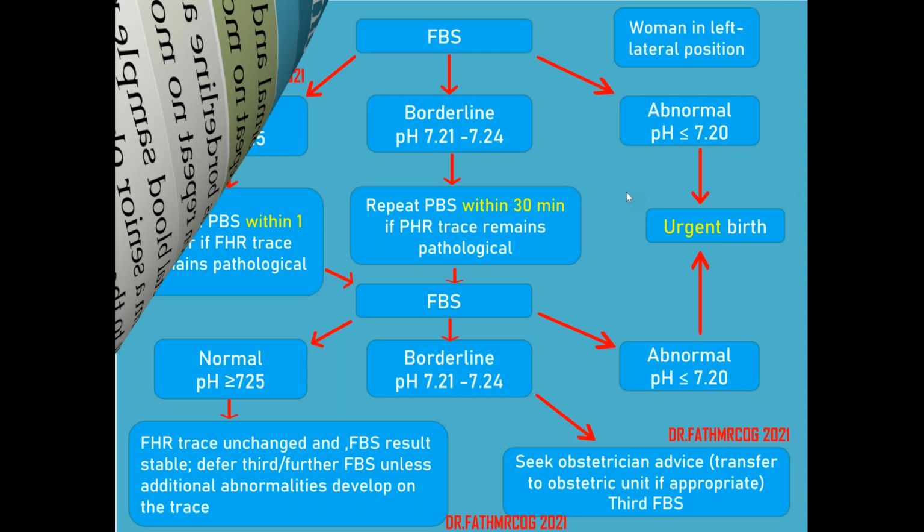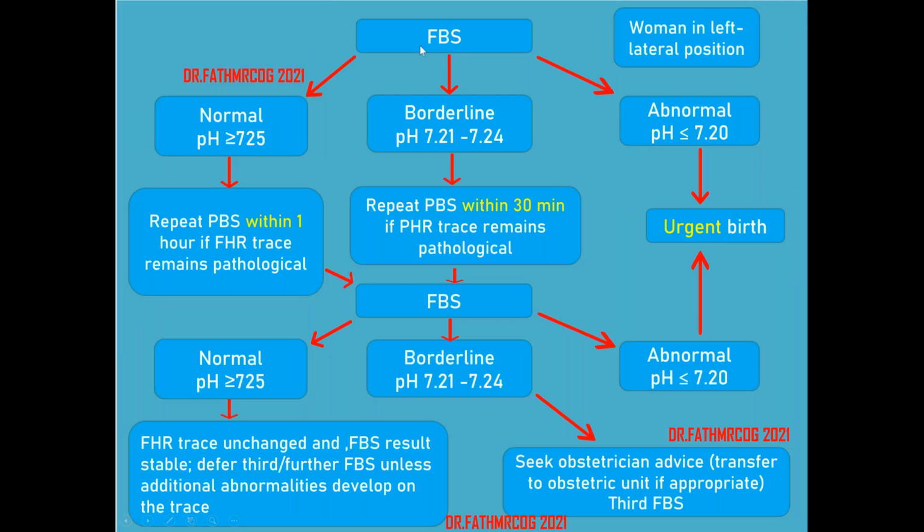Here, look at this. We'll summarize fetal blood sampling. If the result is normal, repeat after 1 hour. If borderline, we repeat within 30 minutes, and then we do another fetal blood sample.